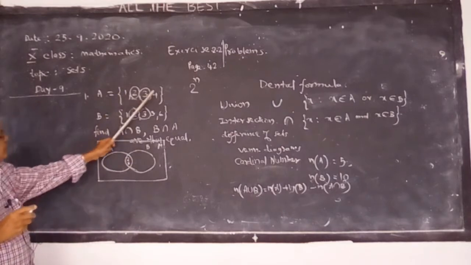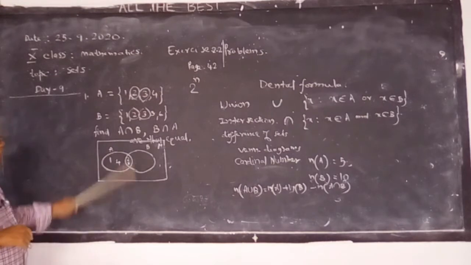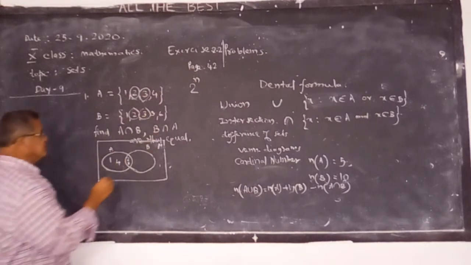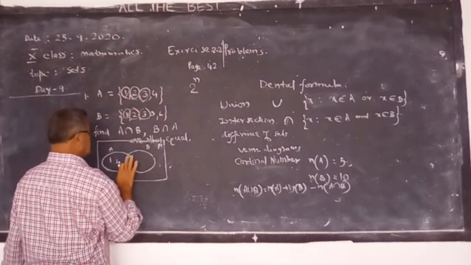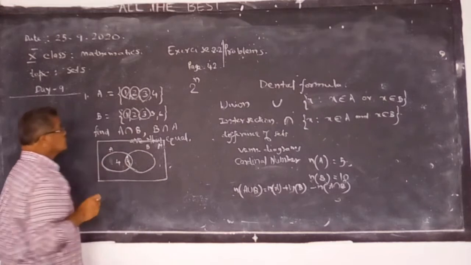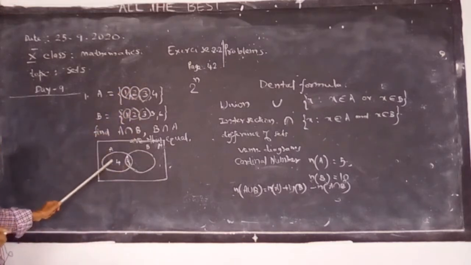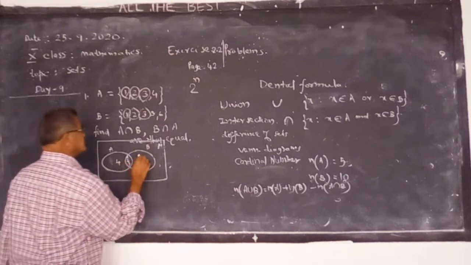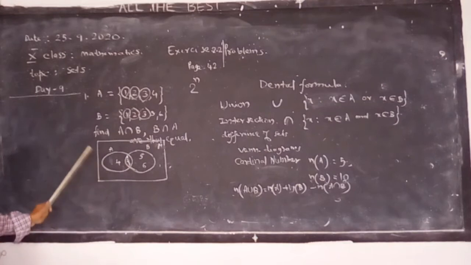The remaining elements in A are 4, and in B are 5, 6.